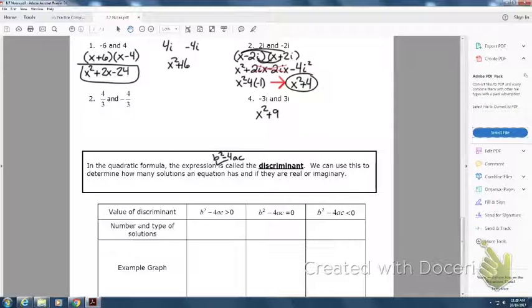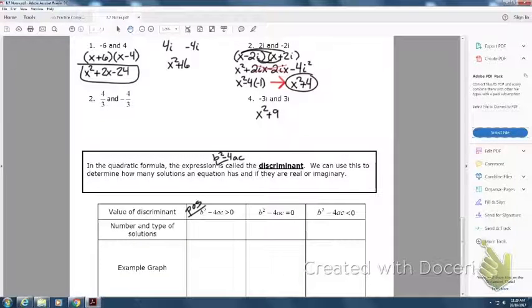If you find the discriminant, the number underneath the radical, and it is greater than 0, which is just another way of saying that the number is what? If something is greater than 0, it is positive. So right here we're just talking about positive numbers. Which we did on the very front, number 2 and 3.